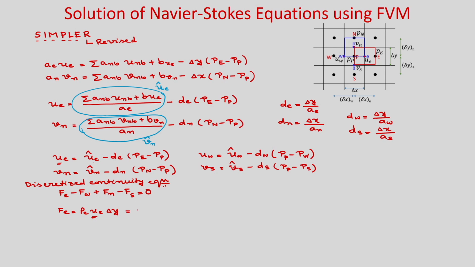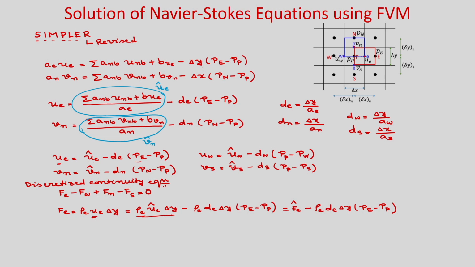If you write that, you get rho_e u_e hat delta y, minus rho_e d_e delta y (P_E minus P_P). Now this term rho_e u_e hat delta y, we can write as F_e hat, minus rho_e d_e delta y (P_E minus P_P).